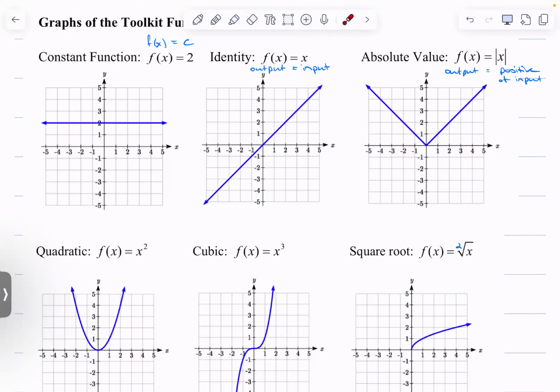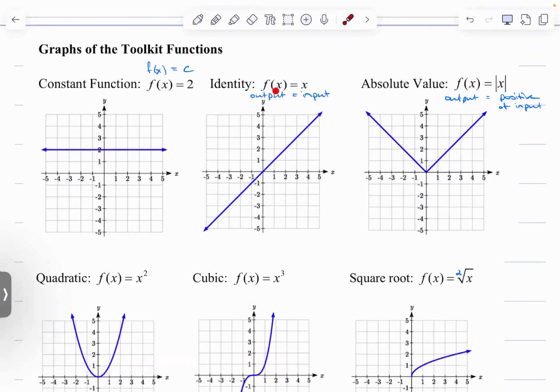More interesting is maybe f of x is equal to x, right? Or we've seen mx plus b, but mx plus b has the same shape. It just moves up and down and maybe tilts a little bit, depending on the slope and the intercept.